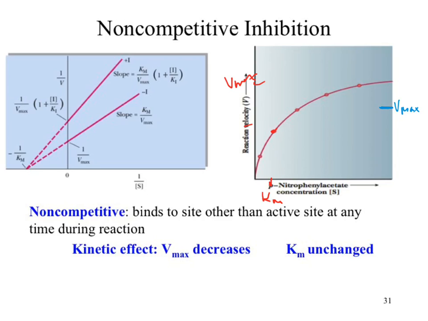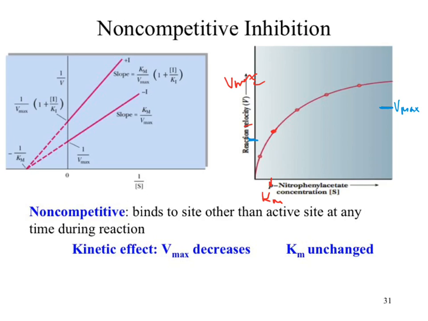Km, what happened? Stays the same. How do we solve for Km? Half of Vmax, 1/2 Vmax. Vmax has changed, so I have to have a new 1/2 Vmax. That new 1/2 Vmax, roughly here, right?